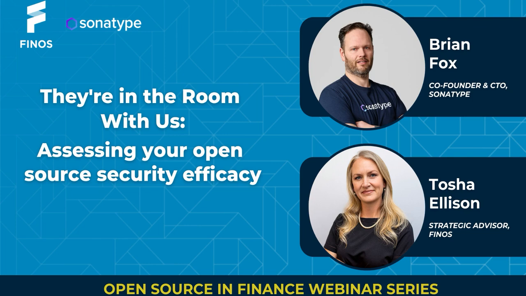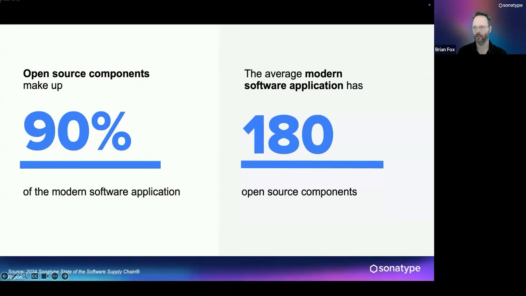The context for this conversation is really around open source dependencies, the open source components that your developers are using to create your applications, your custom applications, right? Sometimes when people talk about open source, they think Open Office and Firefox and Linux, and certainly that's one dimension of the supply chain.